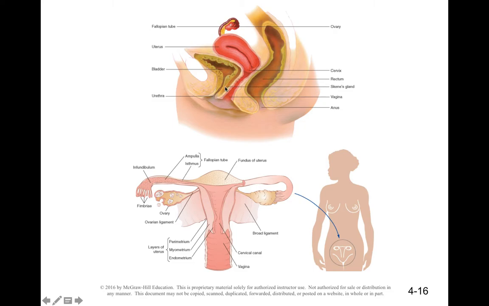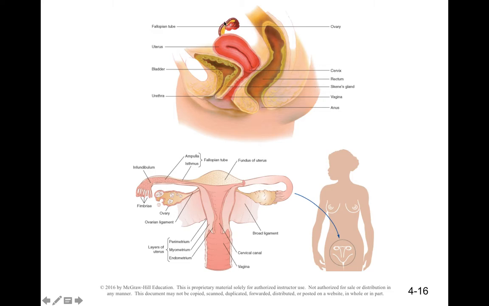So when women get pregnant and they have babies, oftentimes they need to urinate frequently. And why is that? Because the baby's weight is sitting on top of the bladder, right? So you can see why women who are pregnant oftentimes need to use the restroom frequently. So here's the uterus. It lies back on top of the bladder.